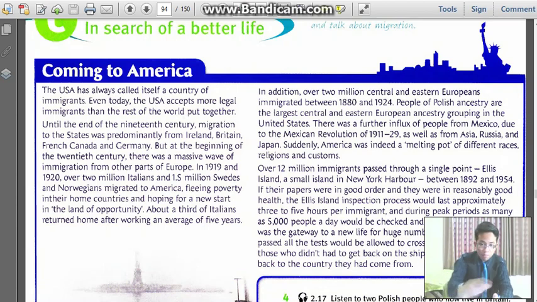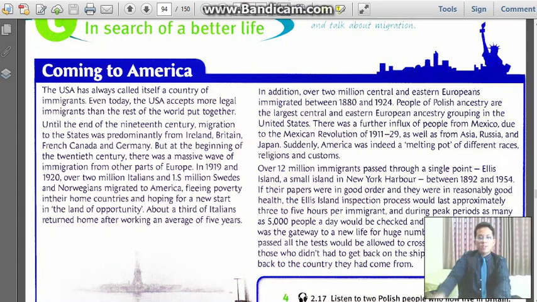So that is the main reason, the meaning of the Statue of Liberty: freedom, opportunity, liberty. About a third of Italians returned home after working an average of 5 years.